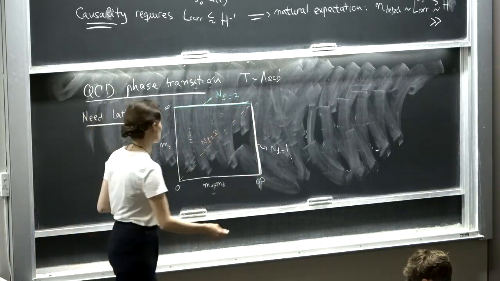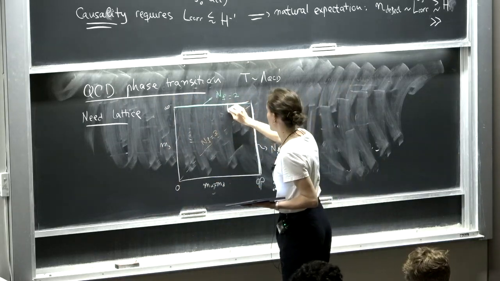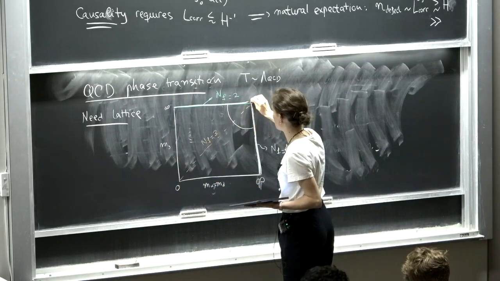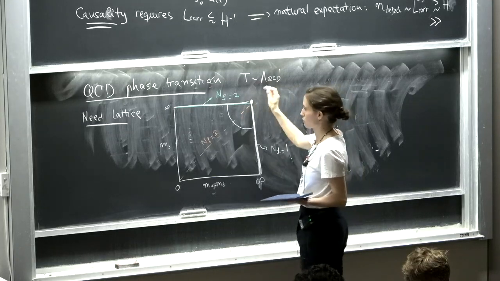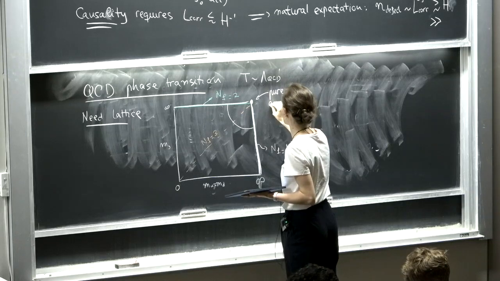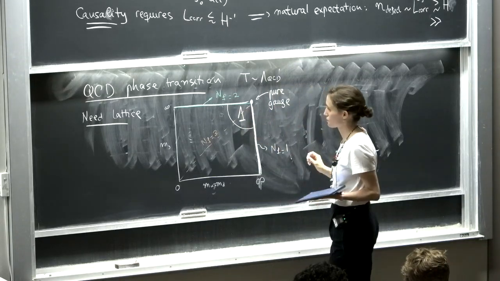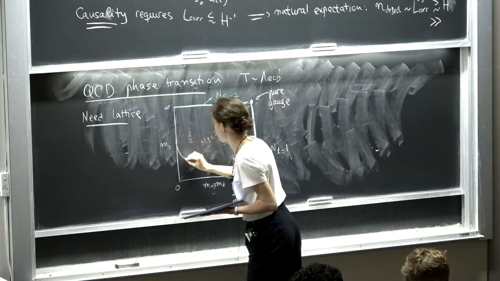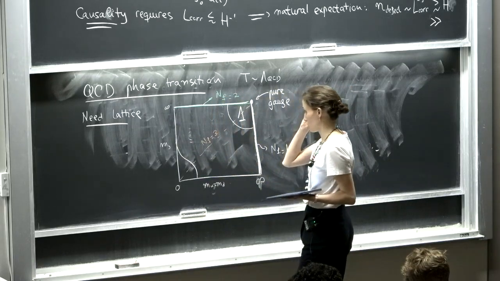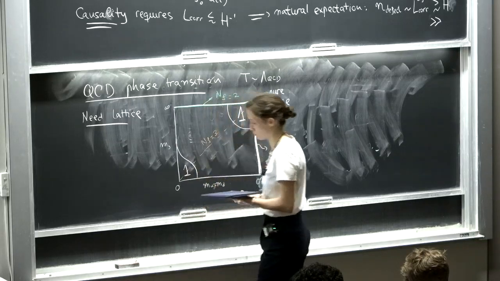So it turns out that in this phase diagram, there is a region here, including this point here with no light flavors, so this could be pure gauge, where the transition is first order. There's also another corner here with three extremely light flavors, where the transition is also first order.